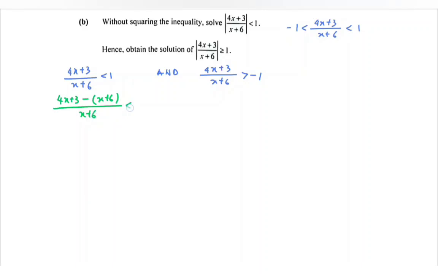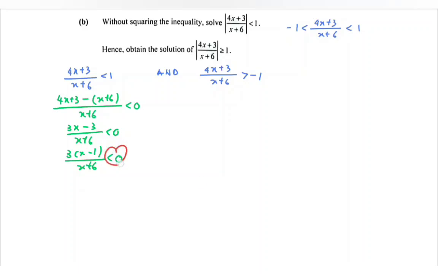So we will have this form. Notice that we have 4x minus x, we have 3x, and then 3 minus 6, we have negative 3 over x + 6. So here we have the simplest form, or we can rewrite 3(x - 1)/(x + 6) less than 0.